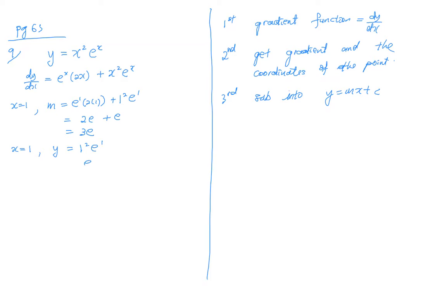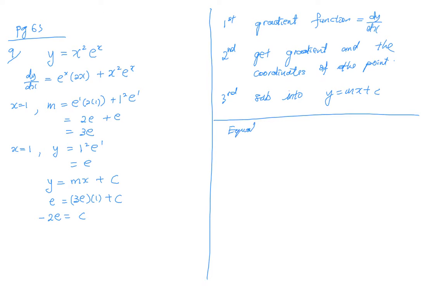So this is e. Then I sub into y equal to mx plus c. e equal to m is 3e, x is 1, plus c. So therefore, the c is negative 2e. So now the equation of tangent will be y equal to 3ex minus 2e.